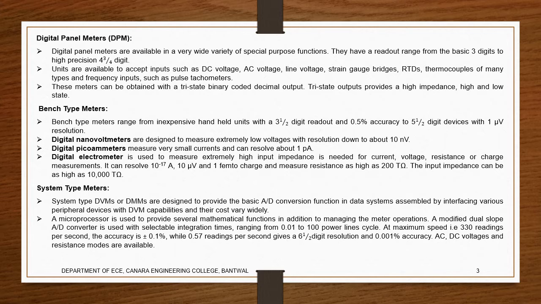Now we discuss the system type meters. System type DVMs or DMMs, digital multimeters, are designed to provide the basic analog to digital conversion function in a data system assembled by interfacing various peripheral devices with DVM capacity, and their cost varies widely.